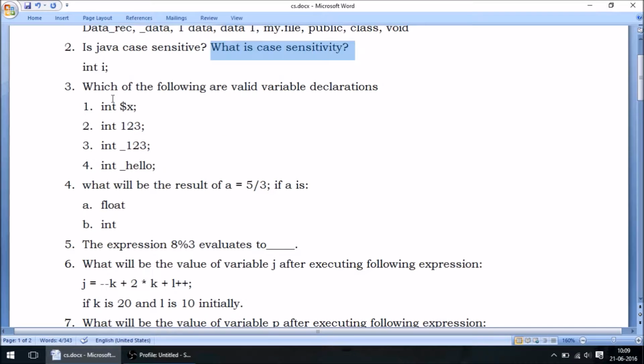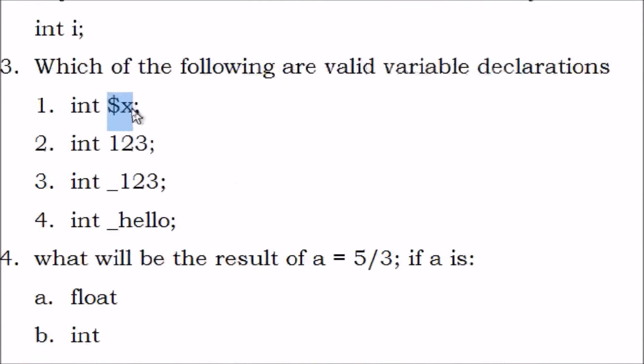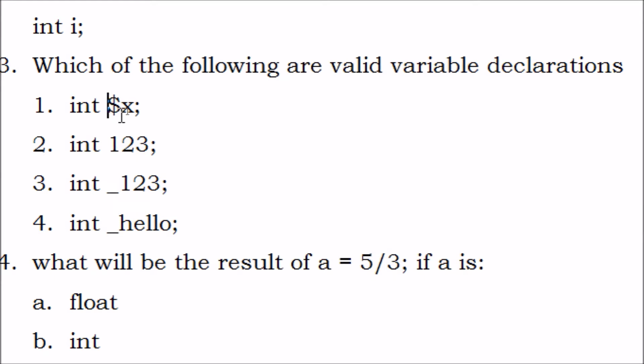The next question is, again we have to find out valid and invalid identifiers. int $x; so I am going to declare a variable with this name $x. What do you think of this? This is valid because the $ sign is allowed in an identifier name, so it is perfectly all right.